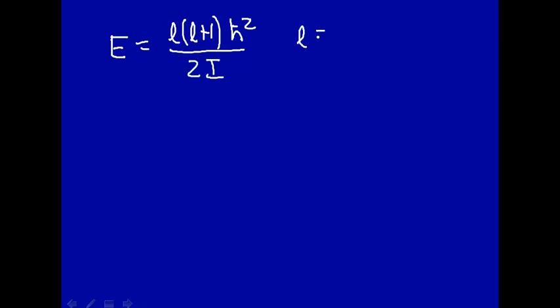what the energies are. We recall that the energies from that treatment are L(L+1) h bar squared over 2I, where L is a quantum number starting at 0 and going in integer values all the way up to infinity, and I is equal to the reduced mass times R squared.